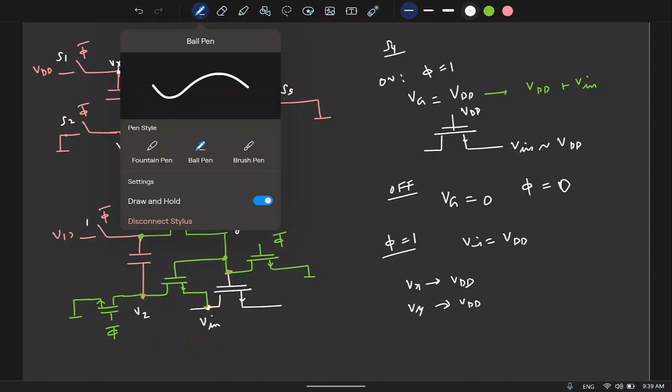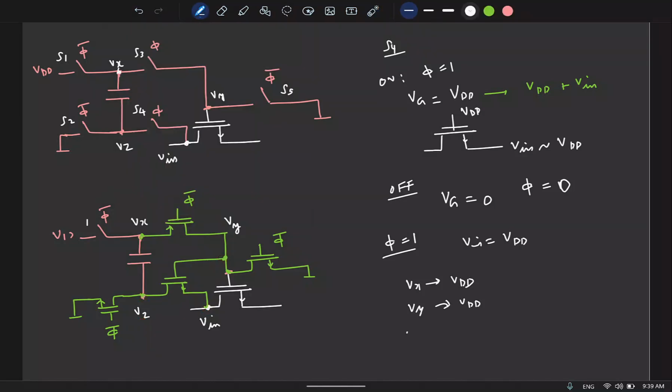Let us say Vz initially goes to some V hat, which is not equal to VDD. But the moment Vz increases to V hat, what will happen to Vx? It will become VDD plus V hat, right? So Vx will instantaneously become VDD plus V hat. So will Vy.